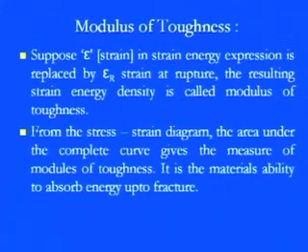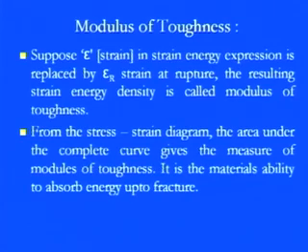Now the third term of the energy is the modulus of toughness. Suppose the strain epsilon in the strain energy expression is replaced by epsilon r, that means the strain at rupture or failure. Now we are talking about the nonlinear relationship between stress and strain, and this strain is replaced by the strain at fracture or rupture.